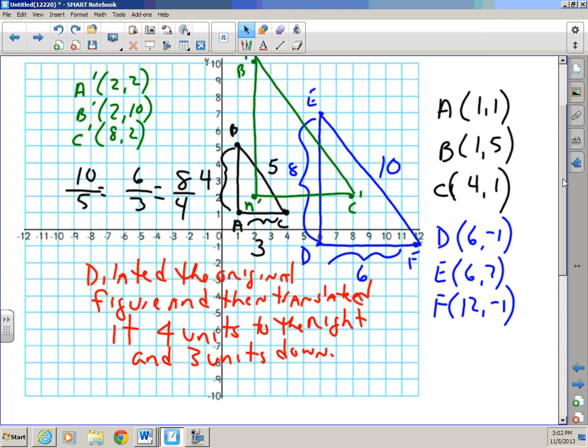So by being able to use a series of transformations, a dilation followed by a translation, I can now make the statement that the 2 figures are similar to each other.